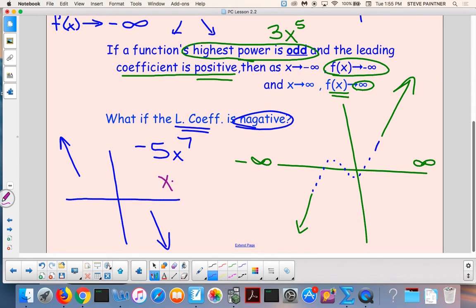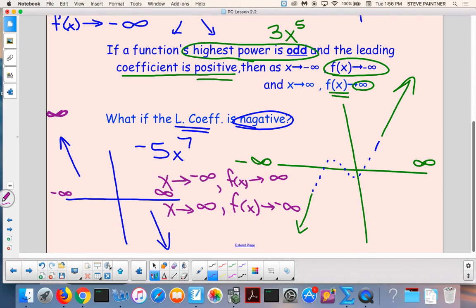As x approaches negative infinity, all your y values approach positive infinity. As x approaches positive infinity, your graph goes down forever. Good?